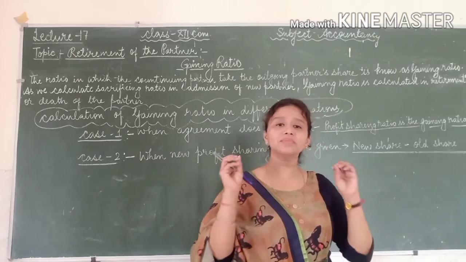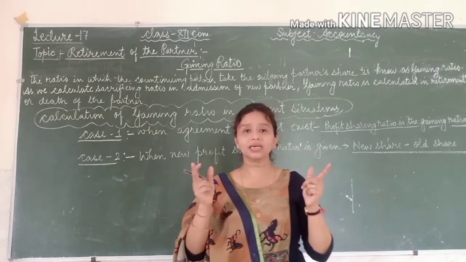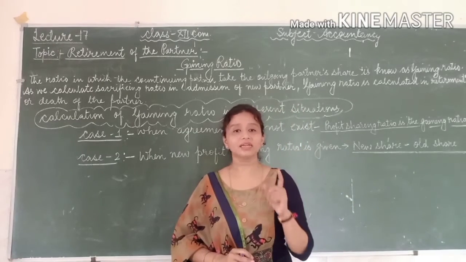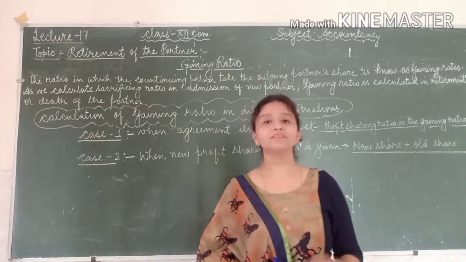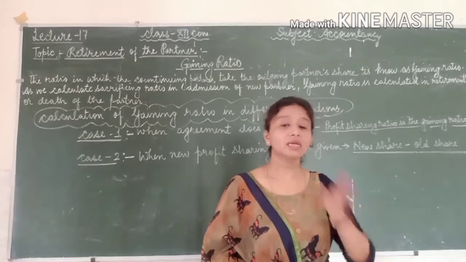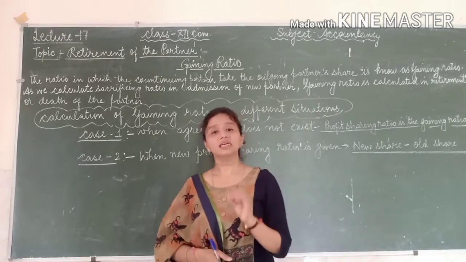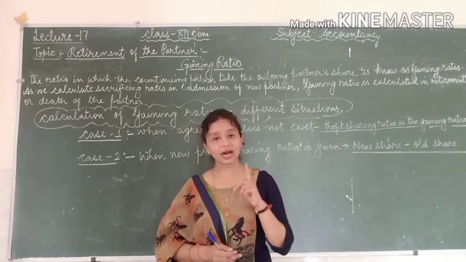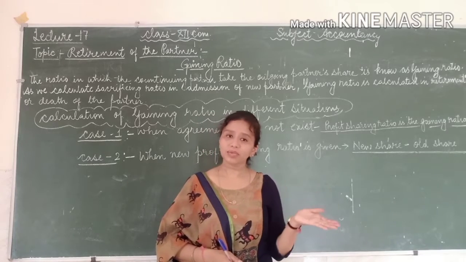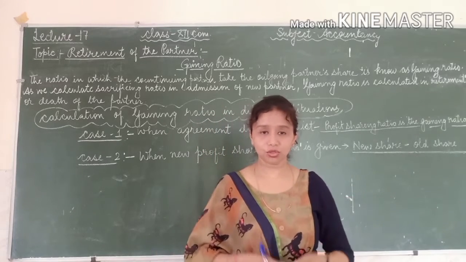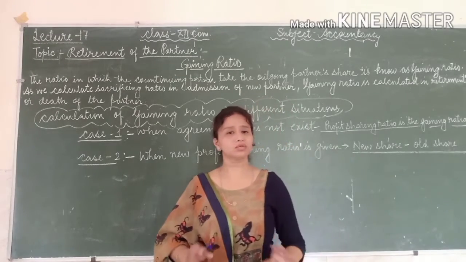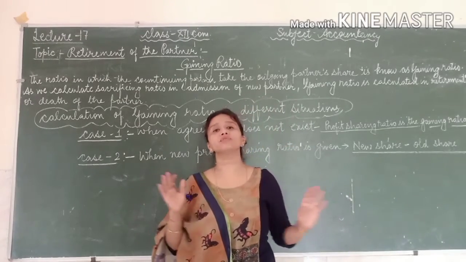The sacrificing ratio is always calculated at the time of admission, and the gaining ratio is always calculated at the time of the retirement or death of a partner. There must be no confusion about it.